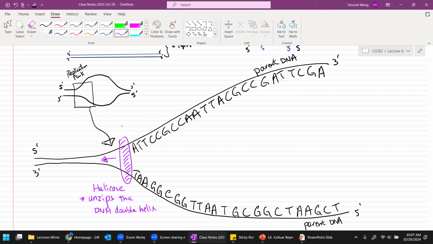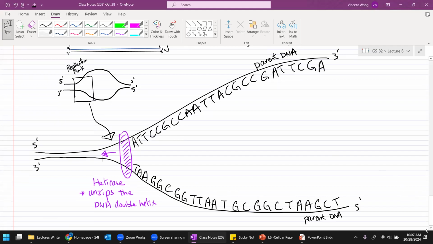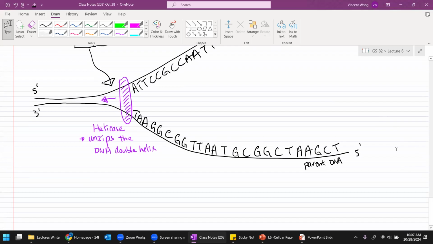Now, this next part might be a little bit difficult to draw, but maybe watch me do it first, and then you decide how you want to do it. Okay, keep the 5 and 3 where it is. But DNA, as you know by now, is a double helix. So this is actually going to be all twisted up like that, right? With the bonds and everything. This part should be twisted up as well, but I didn't draw it because otherwise it's too confusing, right?